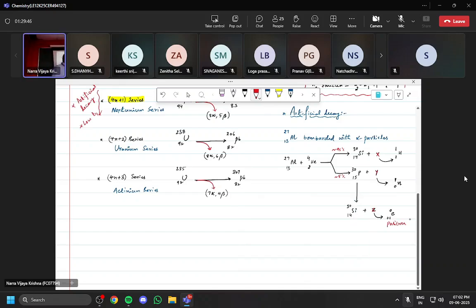So during artificial decay, we got three types of particles: proton, neutron, and positron. And all aluminum converted to silicon-30 finally. Correct or not? So a stable nucleus was converted to an unstable nucleus that was showing radioactive disintegration by emitting some other particles. We call this artificial decay. Clear?